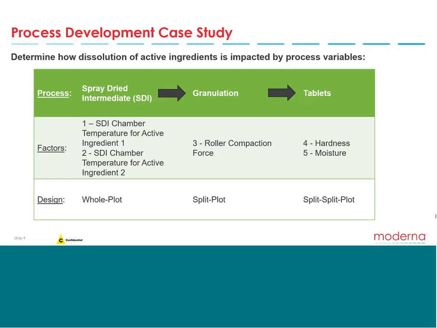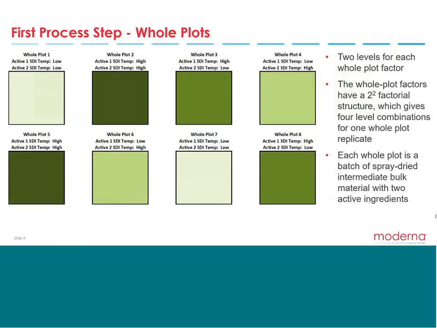So I'm going to describe how this works in terms of the split plot design. At our first process step, let's assume, and this was the case for this particular example, we had 2 levels of temperature for each of our whole plot factors.